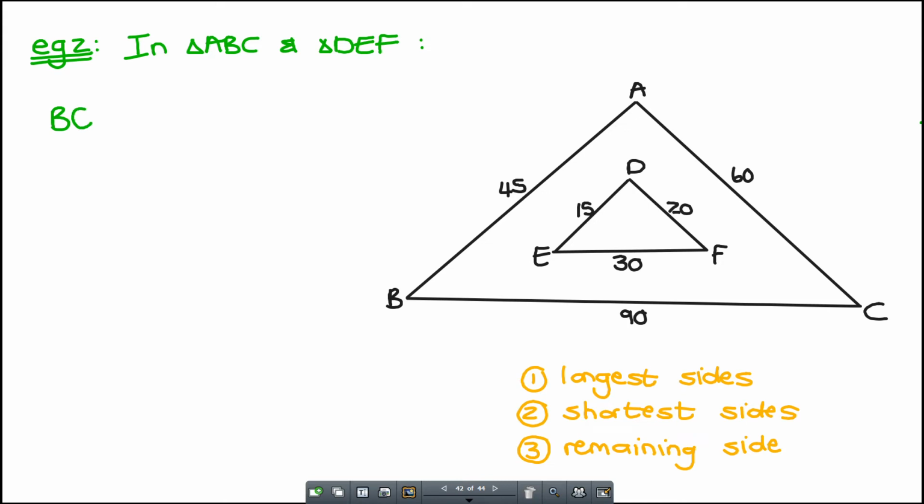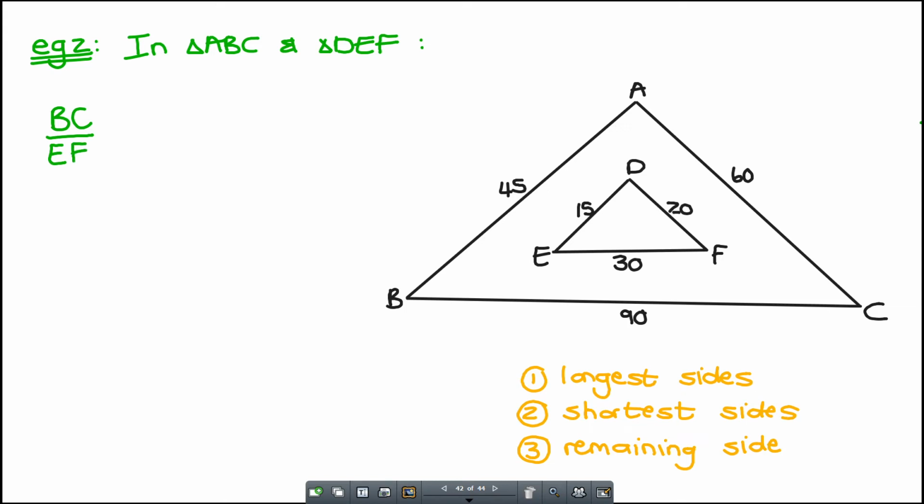Now I'm going to take the longest side of both triangles and put that in fraction form. I'm going to say BC over... Now I want the longest side of the smaller triangle. I have 15, 20, and 30. Which one is the longest? The 30. What do I call that side? EF.